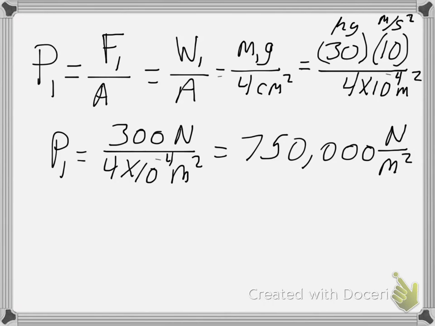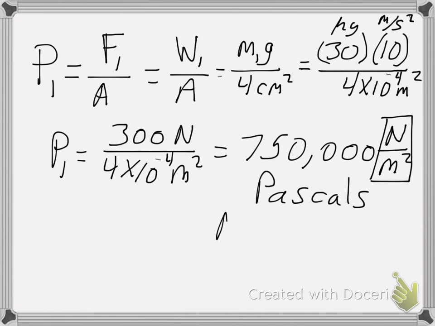And we have a new name. We call those Pascals. So the newton per square meter is now known as the Pascal. And we write it as Pa, so we don't just write a P and get confused with the variable pressure.